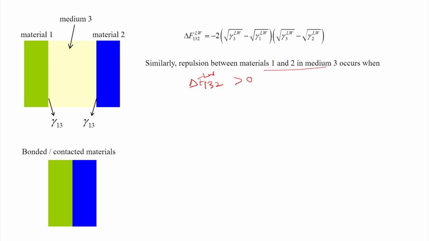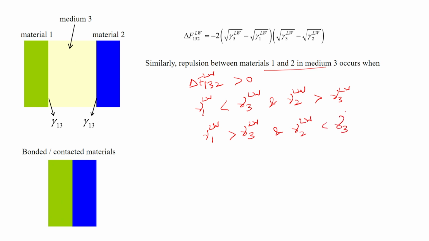That will happen when, let us say, gamma 1 LW is smaller than gamma 3 LW but gamma 2 LW is larger than gamma 3 LW, or the opposite: gamma 1 LW is larger than gamma 3 LW and gamma 2 LW is smaller than gamma 3 LW.